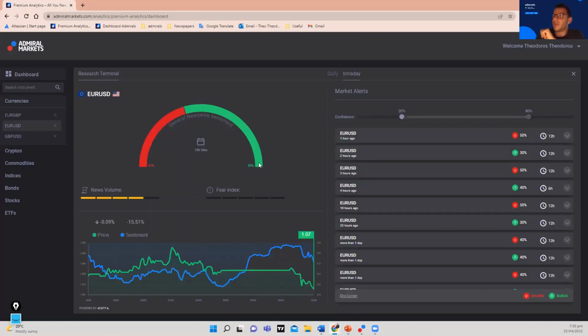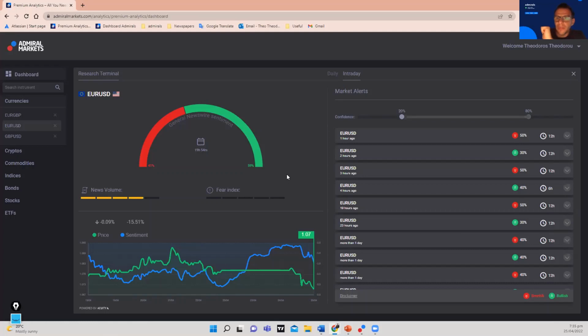So we go on the intraday and we see that there is too much bullishness. How can we explain that? If we go to the chart, which we're going to do in a while, we will see that we are sitting on a strong support zone. So many traders use the support zone to either exit from their sales, which means they buy their way out, or they are buying directly from that support, which adds weight on the buying pressure.